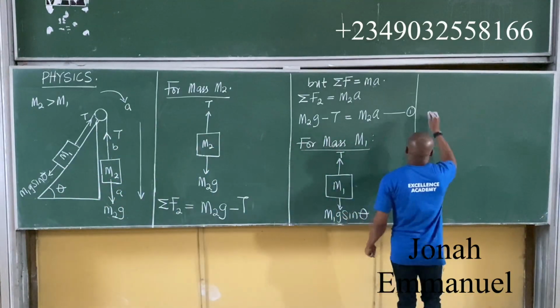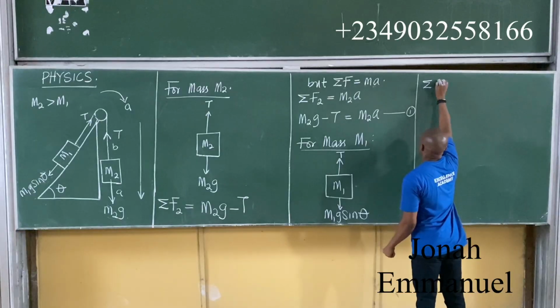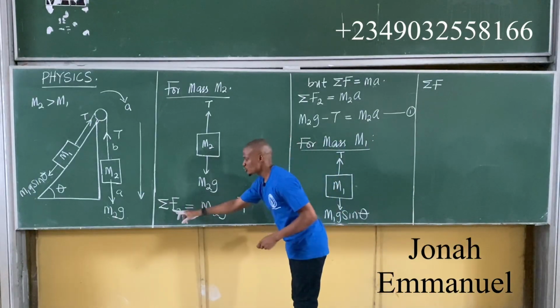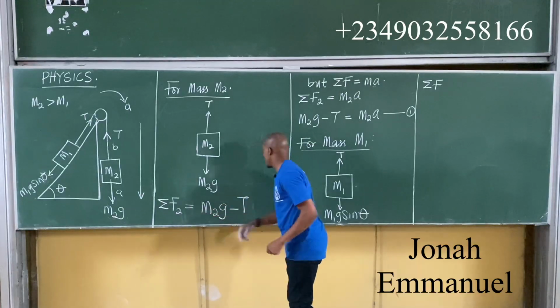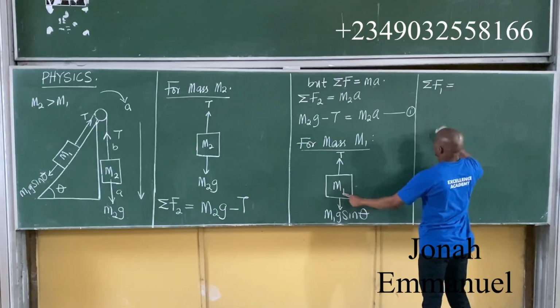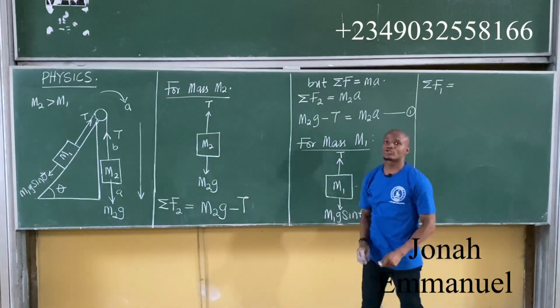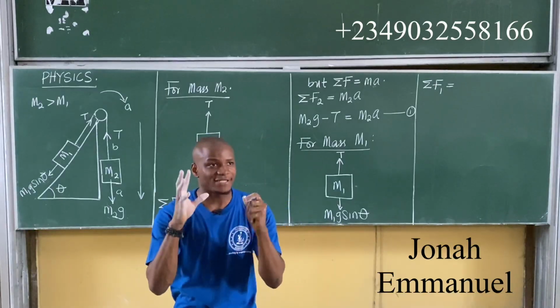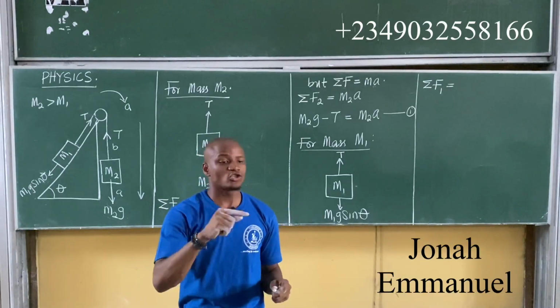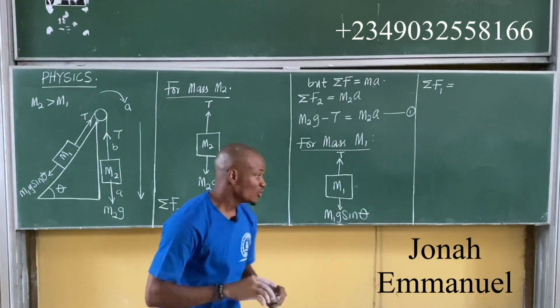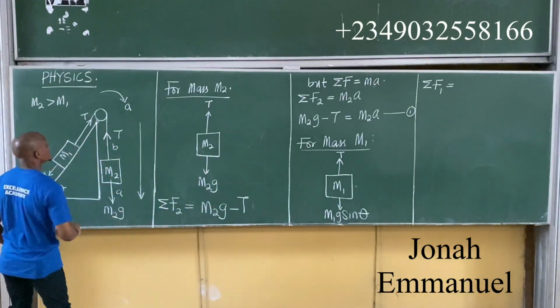Alright, let's get the sum of forces. Since this was F2, it became the sum of force 2. I'm having M1 here, so the sum of F1 is equal to, how do you do the sum of forces? The idea is simple. Any force going in the direction of the motion becomes positive. So come back to this diagram. How is this moving?